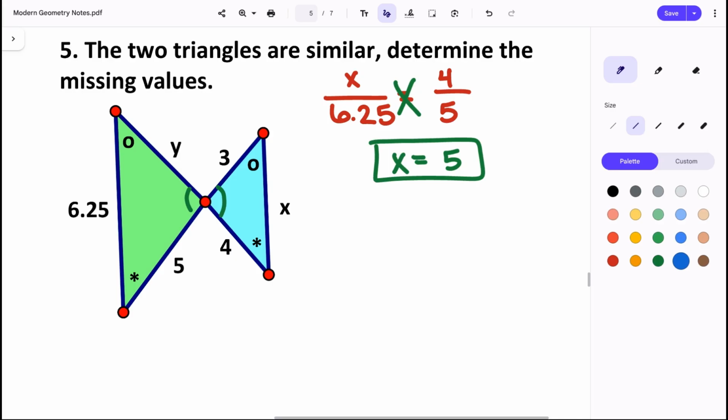Someone tell me how they set up y. Anybody? Don't make Aaliyah do it again. Brady? Well, tell me what you did.